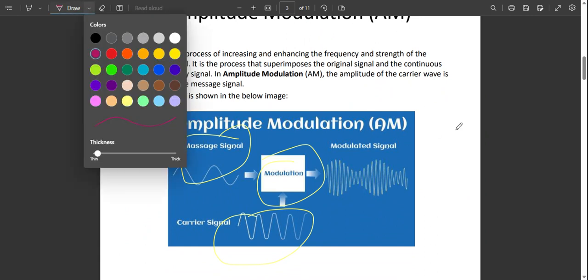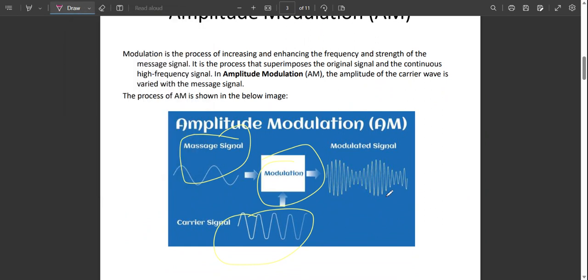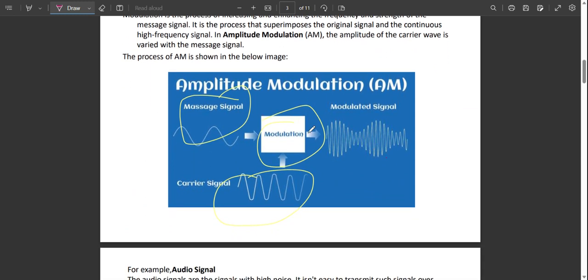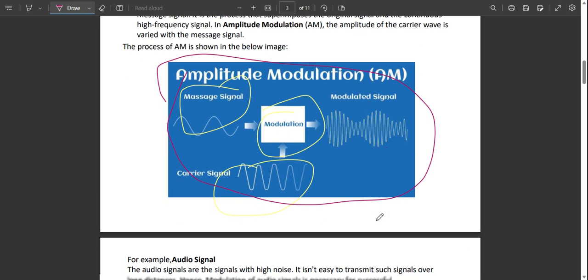We multiply the message signal with some carrier signal in the modulator. In that process, the original signal is superimposed, and the amplitude of the carrier wave is varied with the message signal. So this is the whole process of amplitude modulation. We have a message signal here, the message signal and carrier signal are multiplied in the modulator, and we get a modulated signal.